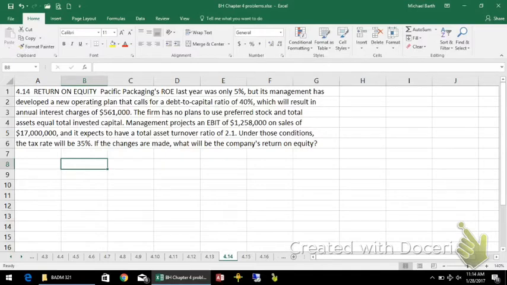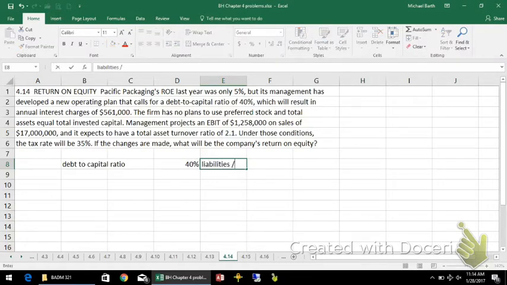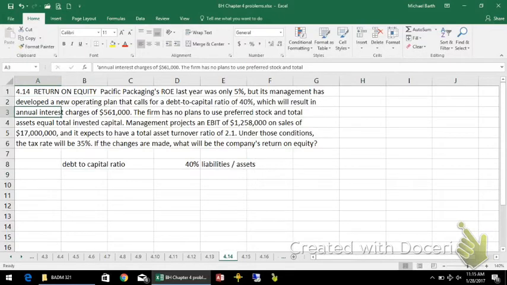And the new plan calls for a debt-to-capital ratio of 40%, and that's liabilities over assets, or debt ratio, simply because of the convoluted language in the 9th edition of Brigham.